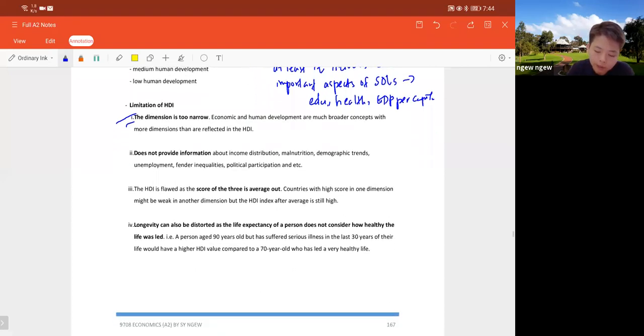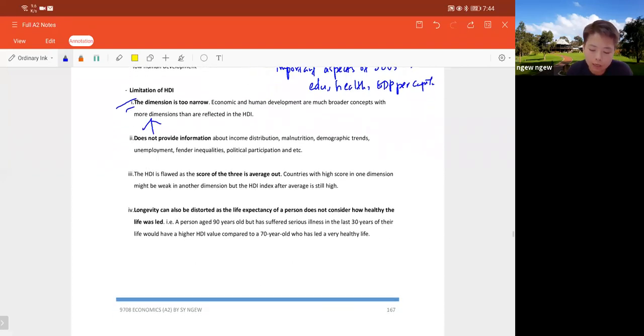Next, this is a further explanation of the narrow dimension, because it doesn't provide you other information like malnutrition, income distribution, and political freedoms and so on, whatever we mentioned, which is not in HDI. And HDI is flawed because the score is averaged out.